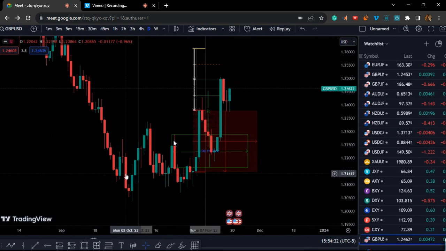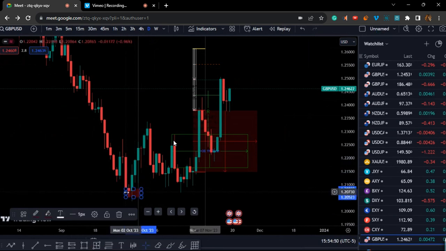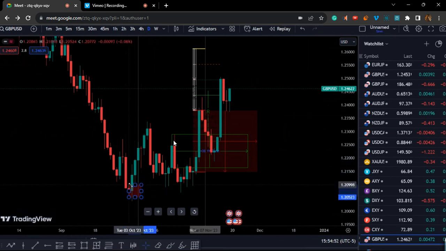Now get the drawing tool down to the square and draw up that order block right there. Nope, that's supply and demand. We use ICT.